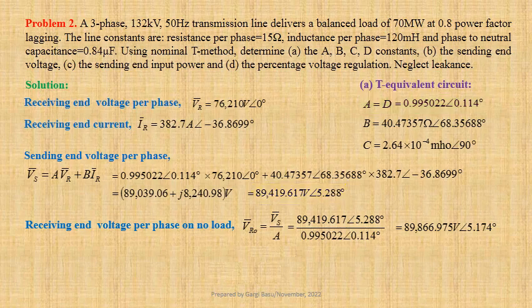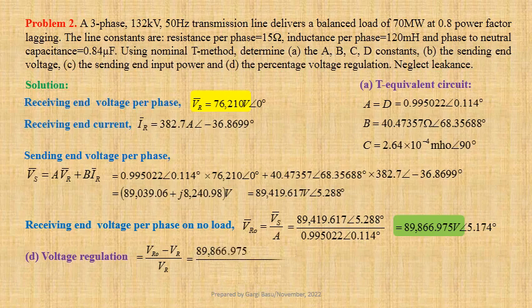Let us now calculate voltage regulation, that is equal to VRO minus VR divided by VR. Using values we get 89,866.975 minus 76,210 divided by 76,210.